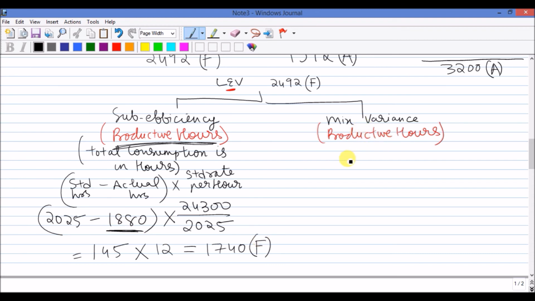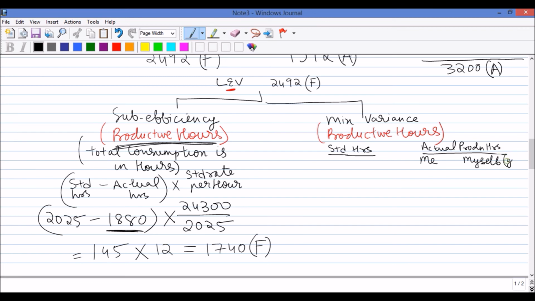Now mix variance, we need to do our formula, but there is a problem. So I'll make a working note here. In standard we have hours. Standard hours I'm writing here, and here are the actual productive hours. This is me, this is myself.